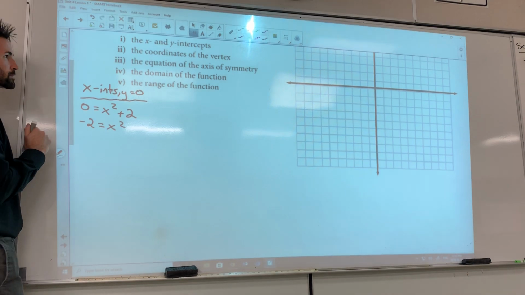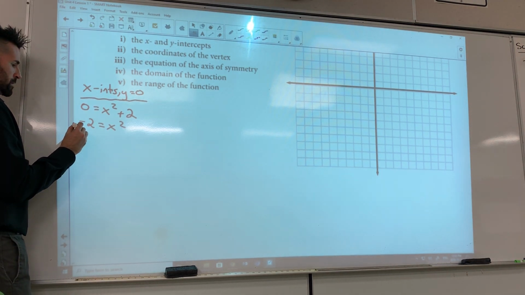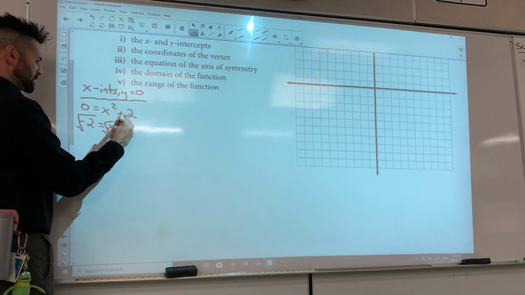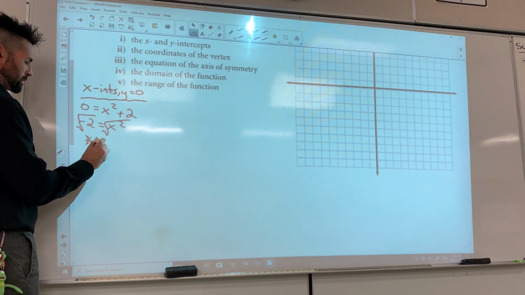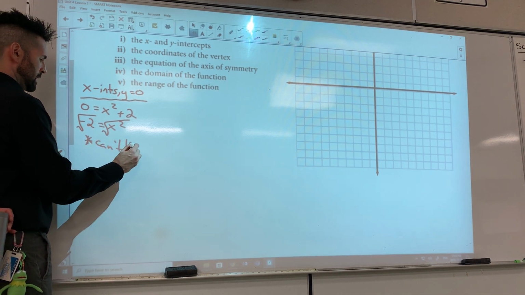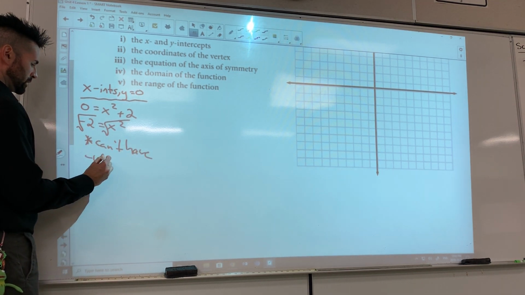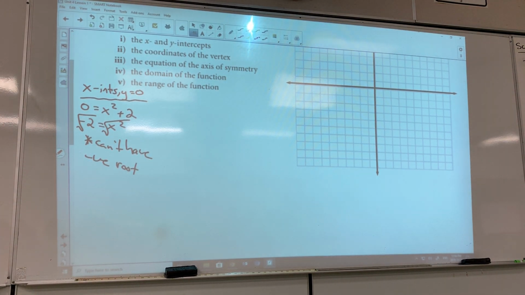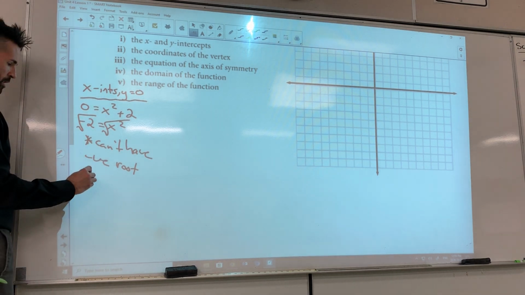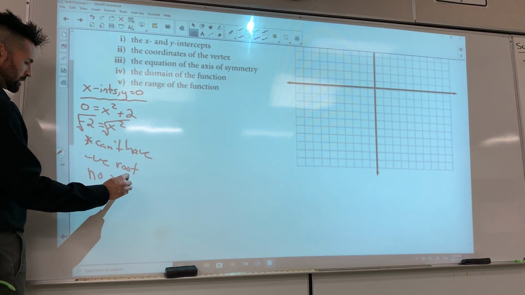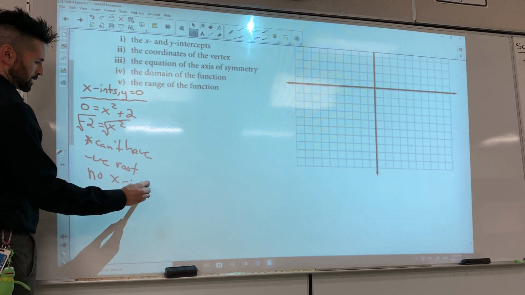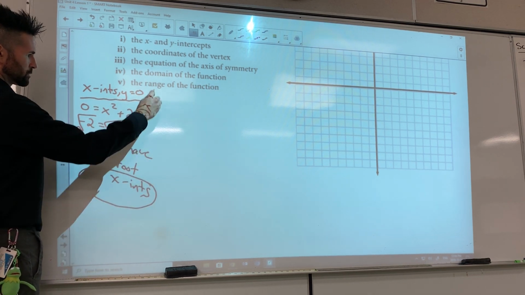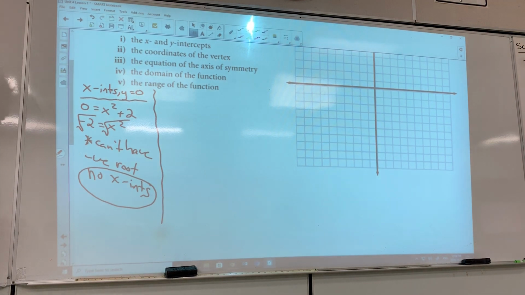Now you square root both sides, but you can't have a negative root, not in the real number system. So what does that tell us about our x-intercepts? It's an imaginary number, so there are no x-intercepts. Be prepared for that to happen to you somewhat frequently. You can't factor it, there are no x-intercepts.